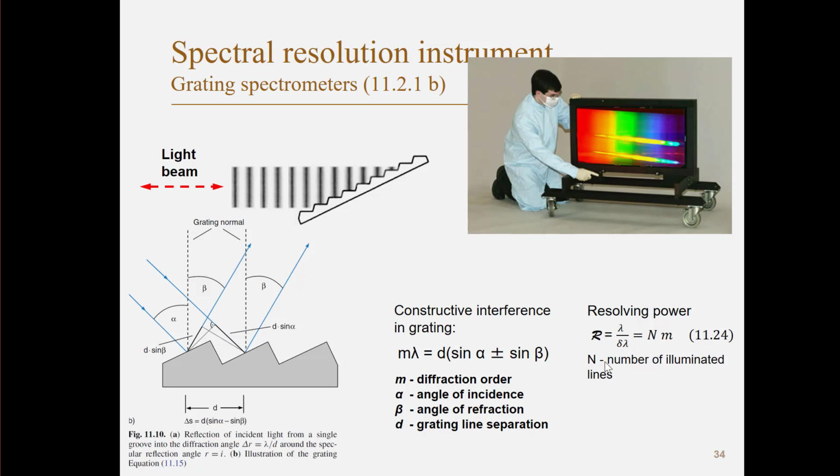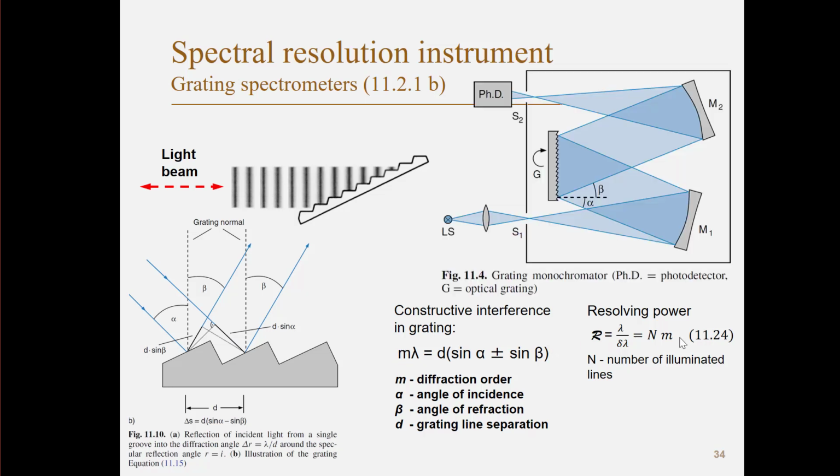And in this case, N is the number of illuminated lines, that is, how many grooves we illuminate. Here we illuminate 1, 2, 3, 4, 5, 6 grooves, so N would be 6, and m is the order from over here. This gives us the resolving power.